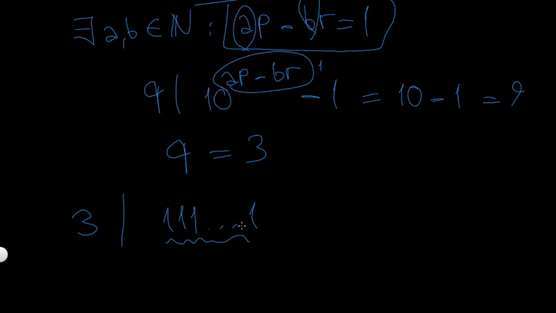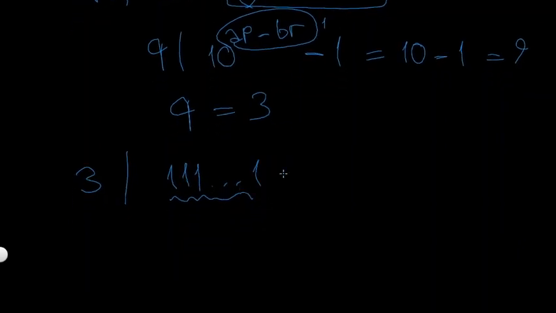If it's a multiple of 3, then 3 will divide it if and only if the addition of all of these digits is a multiple of 3. So if this thing has n digits, the sum of digits is n, and 3 will divide this if and only if n is equal to 3k. If n is a multiple of 3, it will divide.